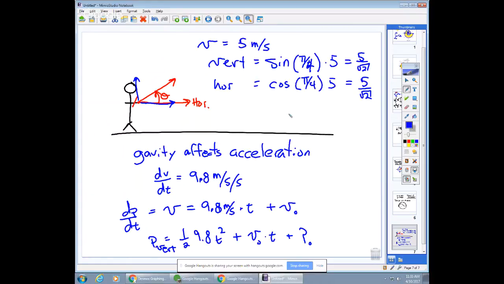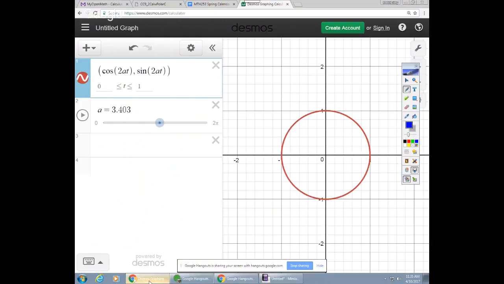So my v sub 0 is this value up here, and horizontally, since there's no gravity, the position is just rate times time. My rate is 5 over square root of 2 times time. Okay, so I have a parameterization that should track my pen through a plane.